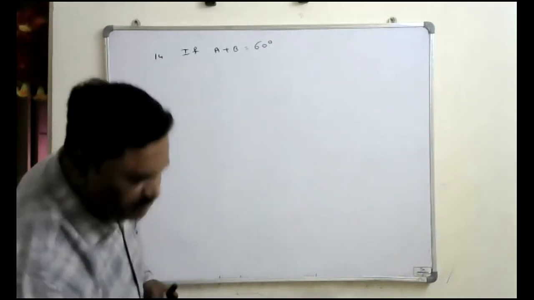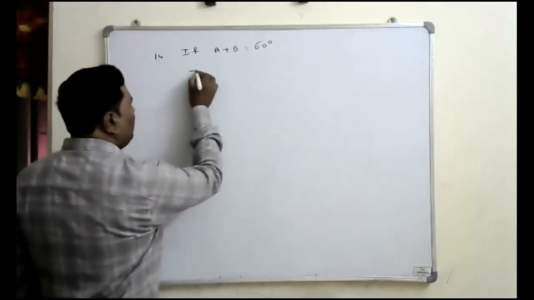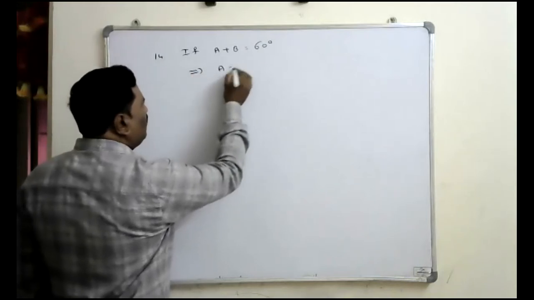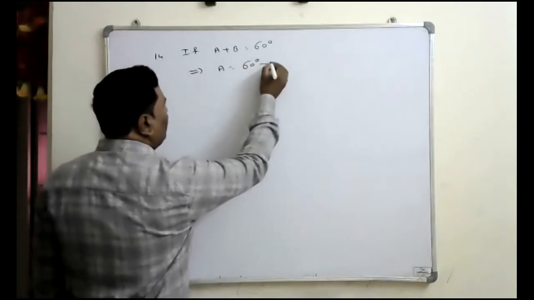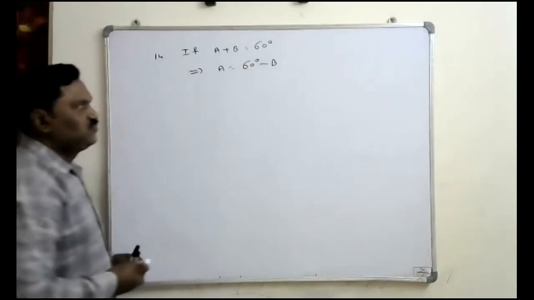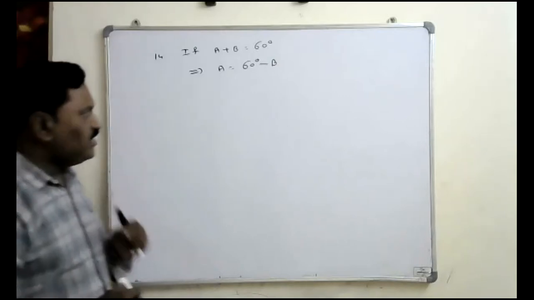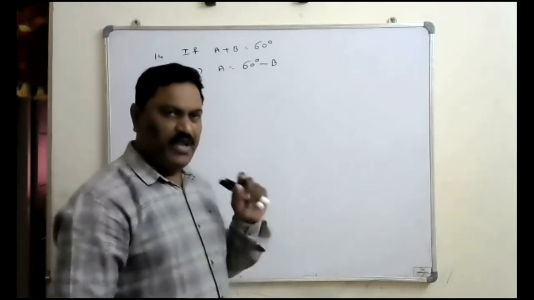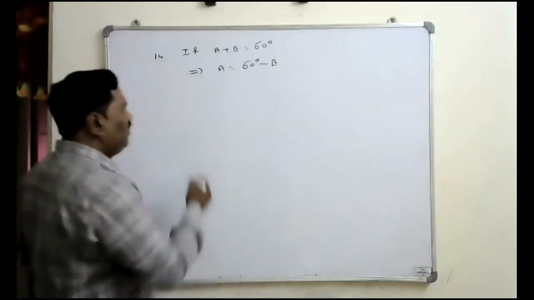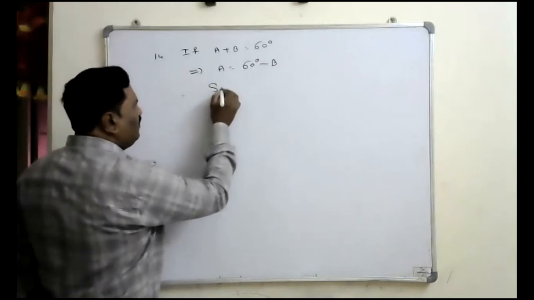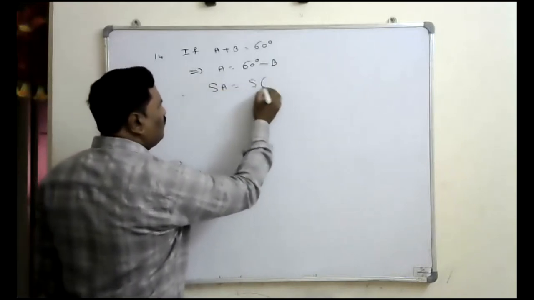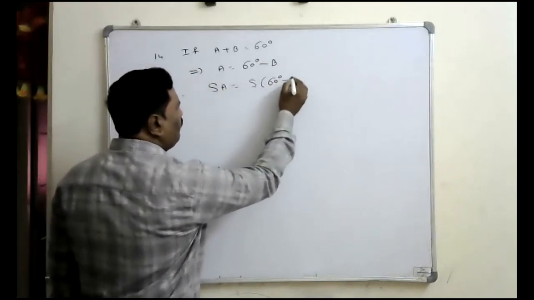To find it, send any one angle to the other side, then A is equal to 60 degree minus B. Then to get the result in terms of the sine, apply sine on both sides. So sine A is equal to sine of 60 degree minus B.